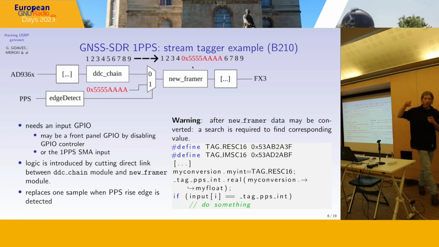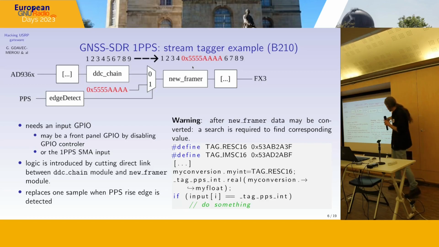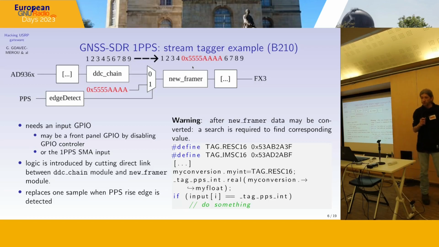This tag has this specific value in the GNU Radio chain, and using a code like this to just detect the tag in the stream.